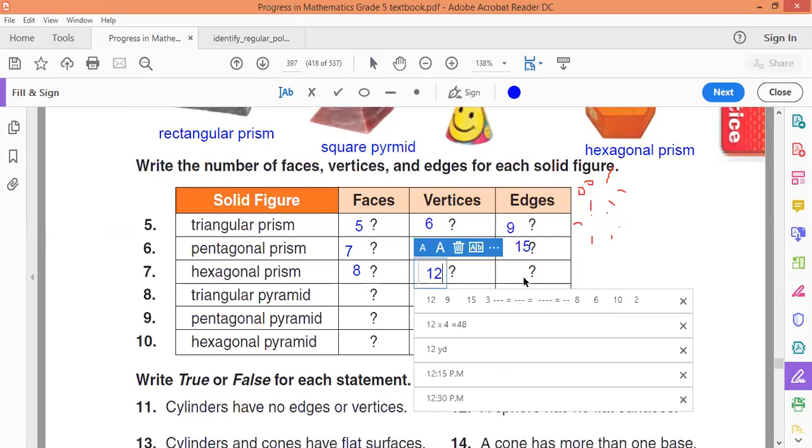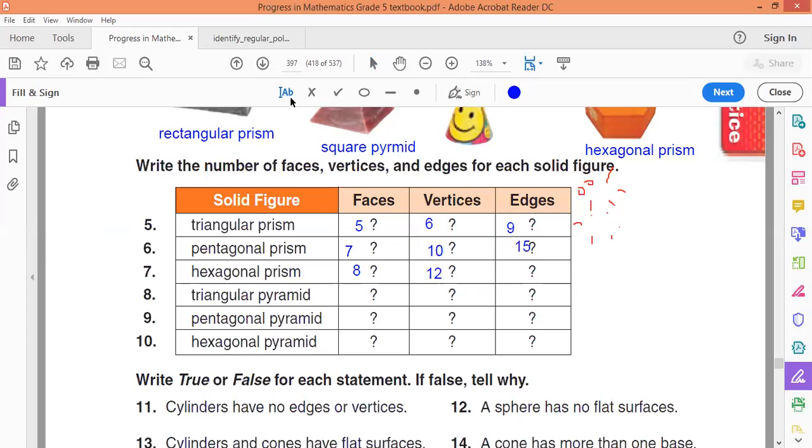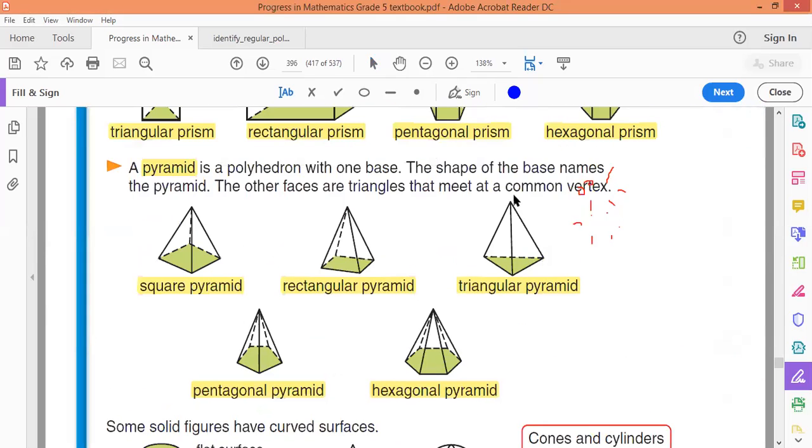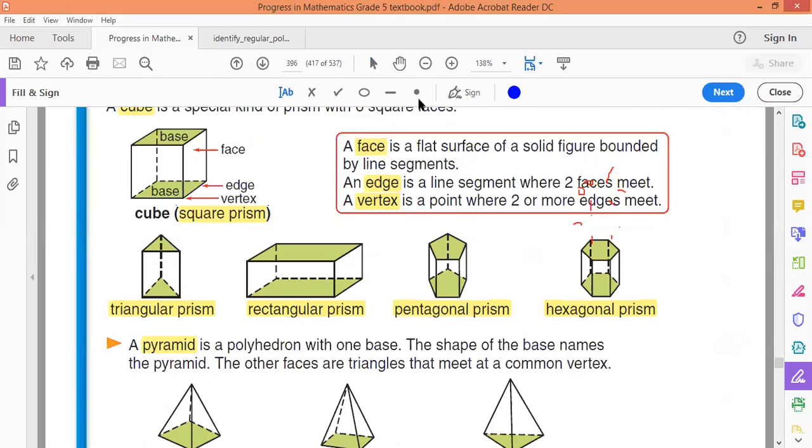And what is edges? Edges is a place where two faces join together. I will show you in this shape. Can you see this line? At this line, two faces are joined together.